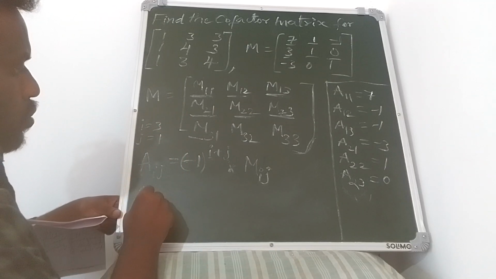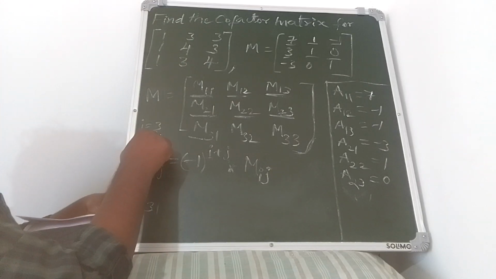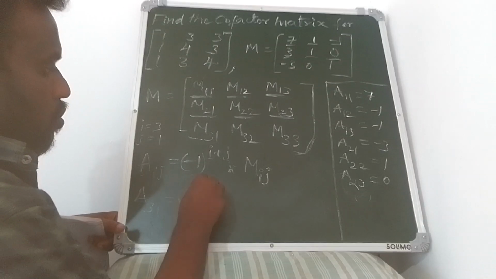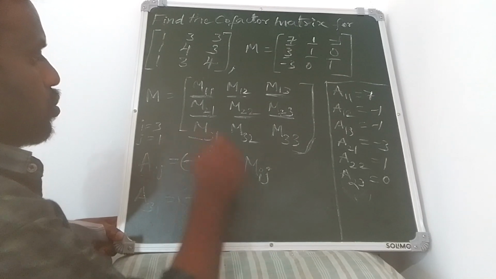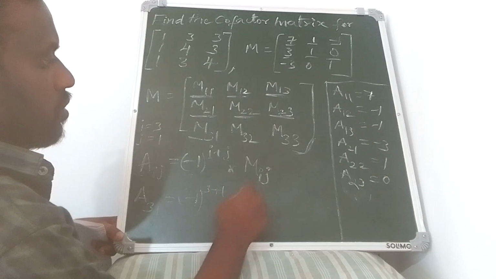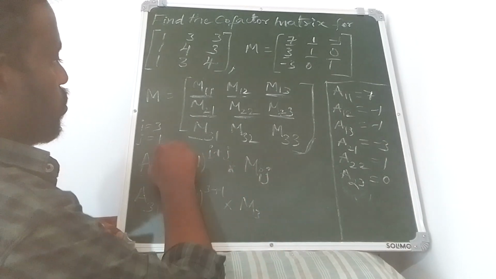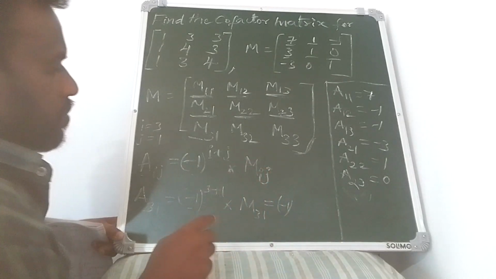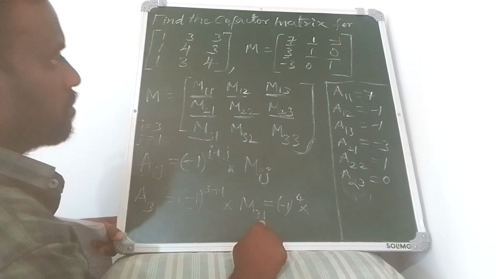This a31 is equal to minus 1 to the power of i plus j, that is 3 plus 1, which is 4, into m31.